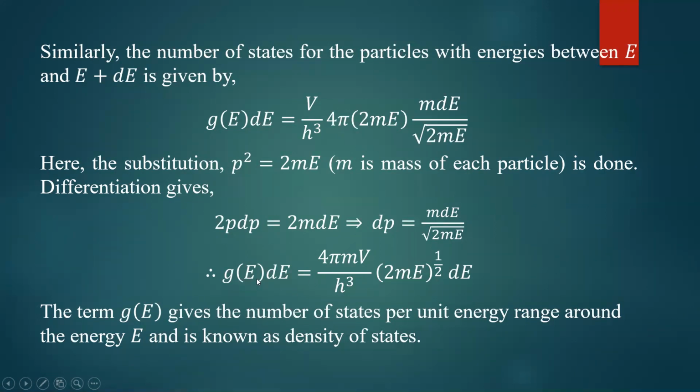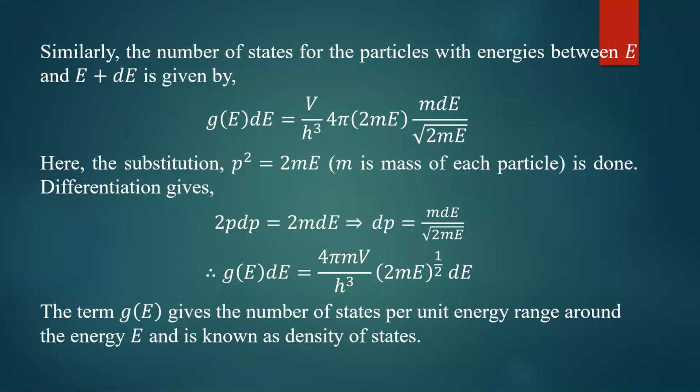You will get g of E into dE equal to 4 pi mV divided by h cube into (2mE) to the power half into dE. So the term g of E gives the number of states per unit energy range around energy E, and is known as the density of states in terms of the energy space.